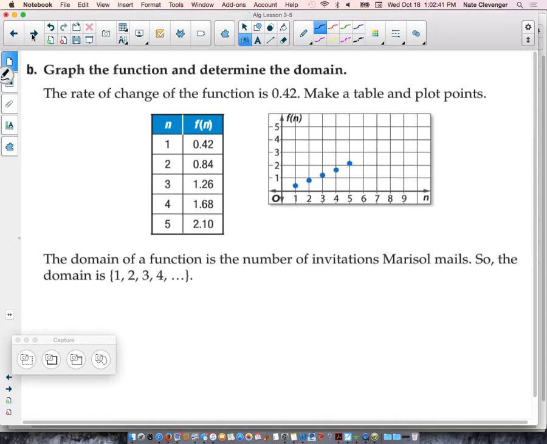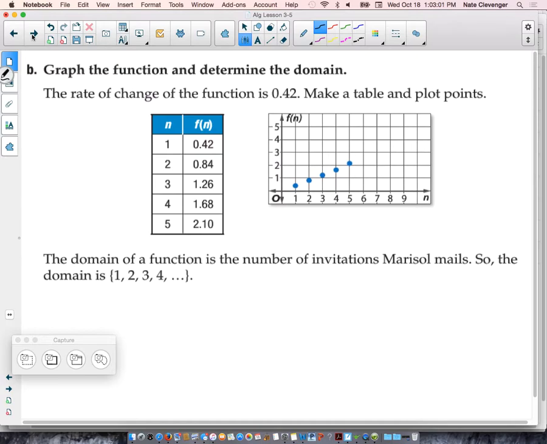The graph is to determine the domain. You can plug in 1. When you plug in 1, what do you get? What was the first term in your sequence? 42 hundredths. So 1 is 0.42, 2 is 0.84, 3 was whatever. Just plot those.